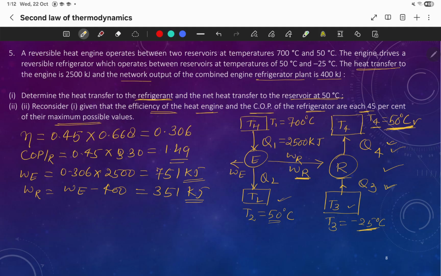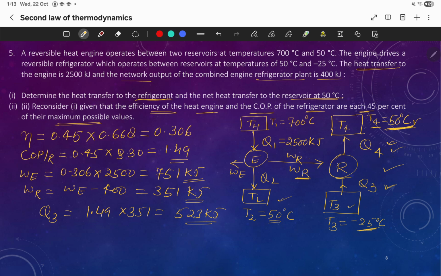And heat transfer to the refrigerator, this Q3 will be 1.49 multiplied by 351, we will get 523 kilojoule, right?